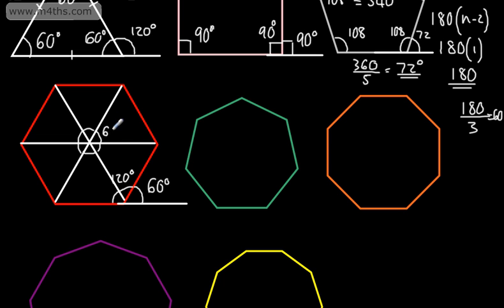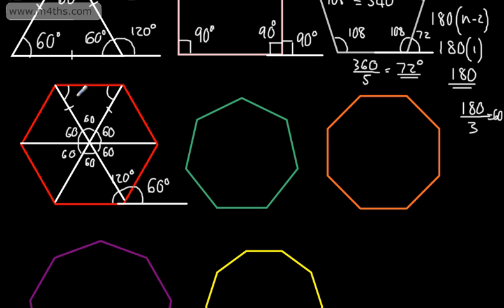so each of these is going to be 60. So this is 60, this is 60. That one is 60, that one is 60, we've got 60, and we've got 60. We've now created these triangles inside the regular polygon, the hexagon, and we can say now that this angle right here and this one must sum to give 120 degrees.